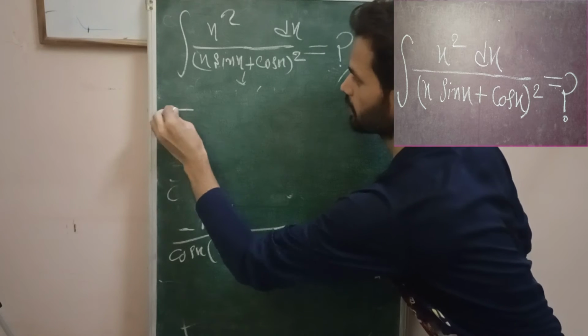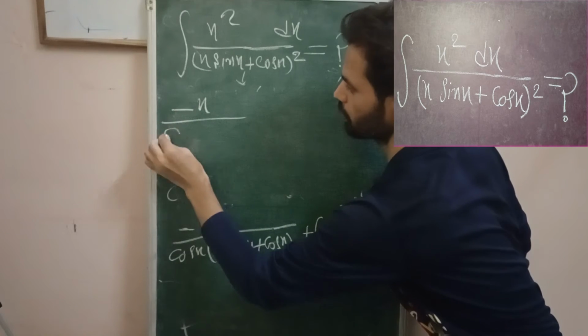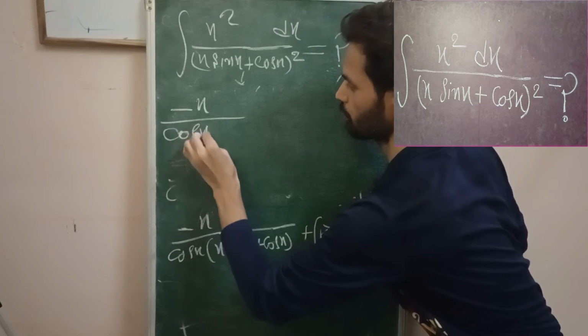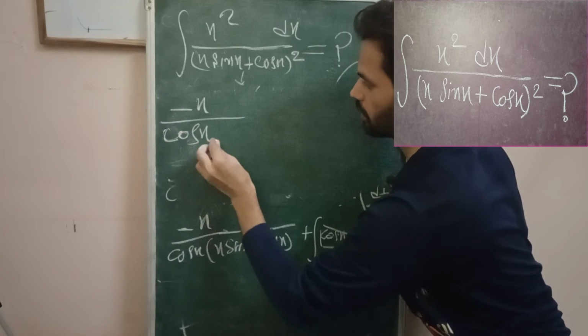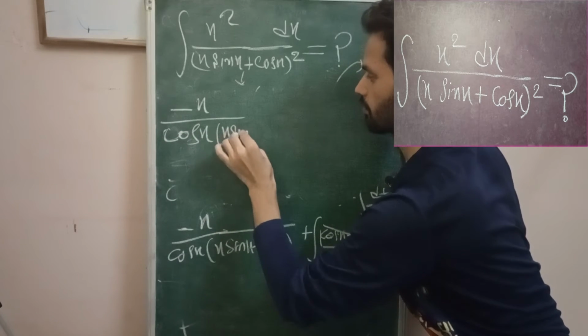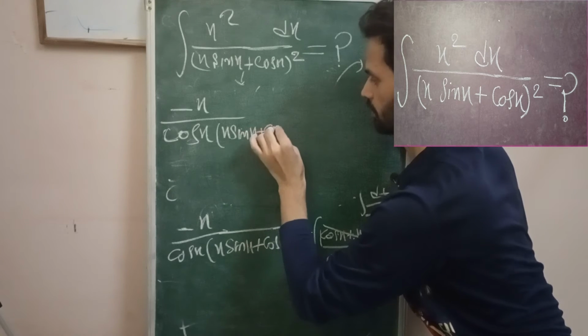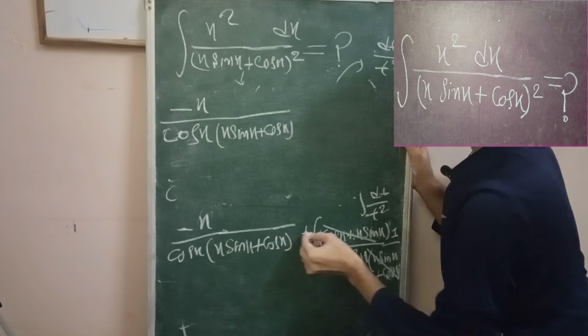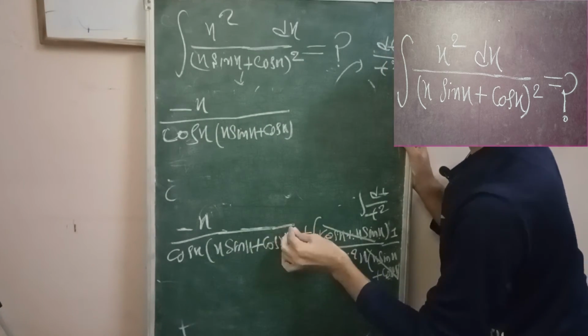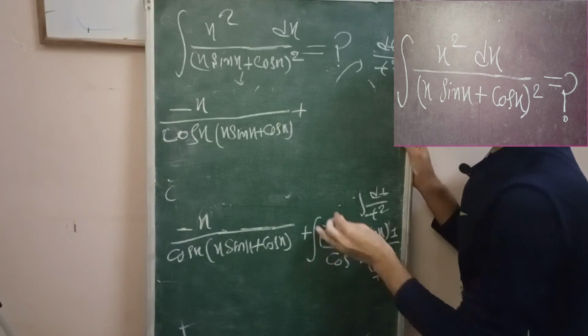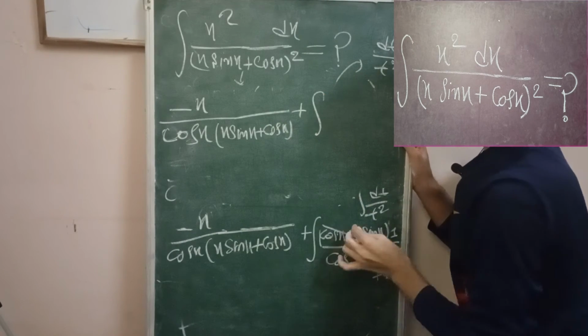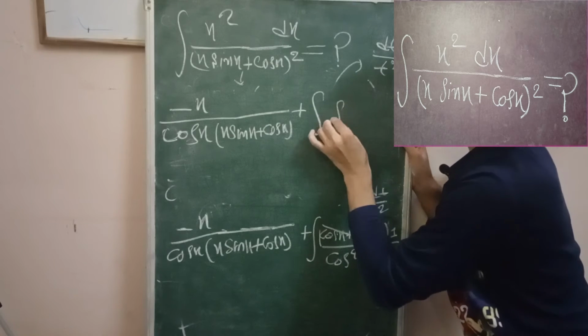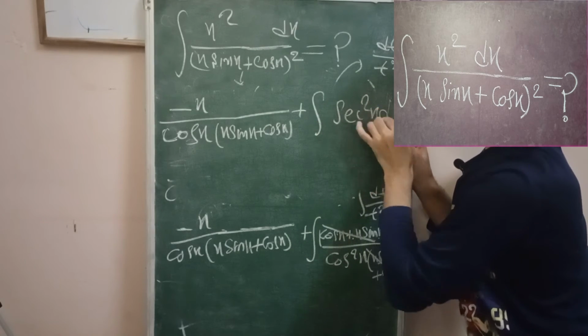So let us see here. What is this? Minus x divided by cos x into x sin x plus cos x. This is my first integration, plus the second. You see what we got in the second integration: 1 by cos square x, which is nothing but sec square x dx.